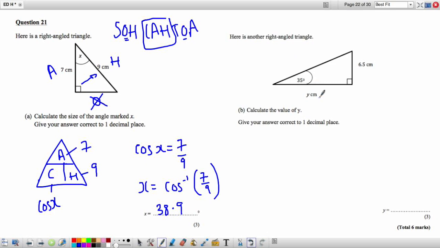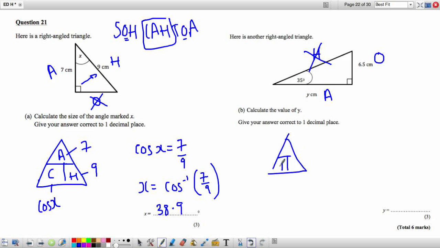Our other right angle triangle for part B, we have the angle. So this side here is opposite the right angle is hypotenuse, and the third side is adjacent. We are not using the hypotenuse because there is no information given or we are asked to find for here. So therefore, we are not using sin, not using cos, we're going to be using tan.